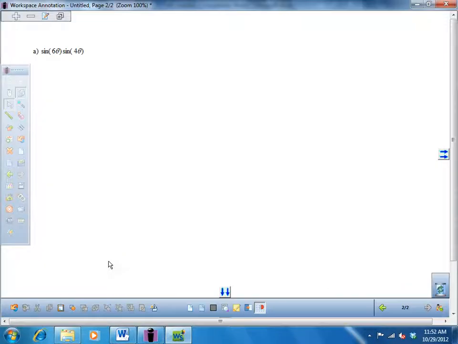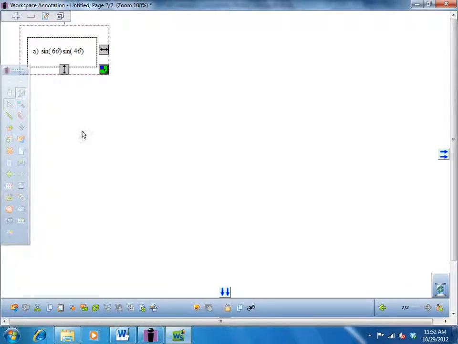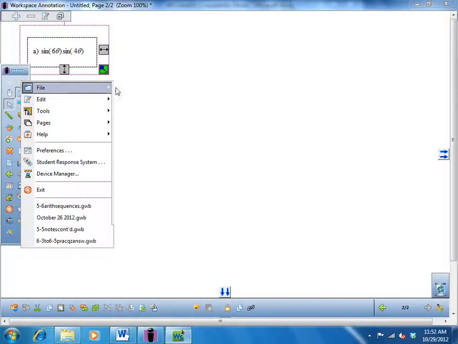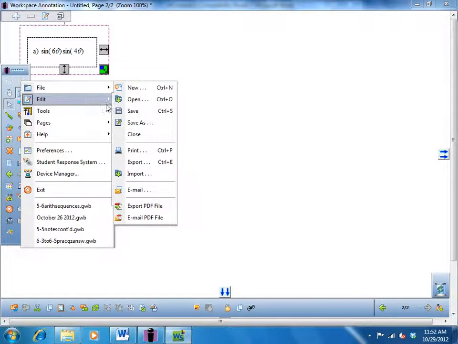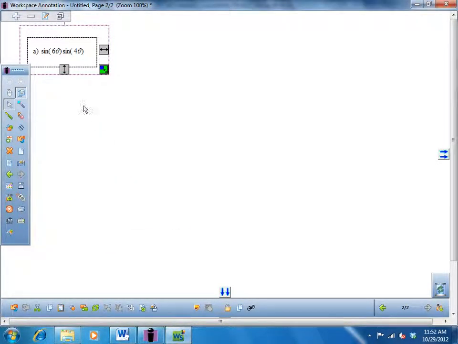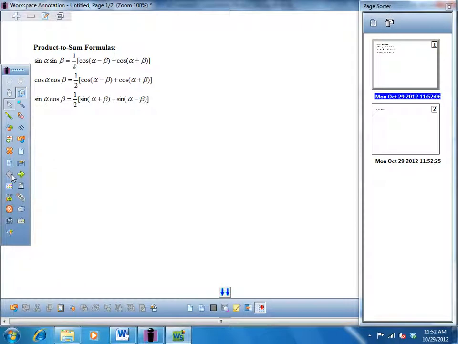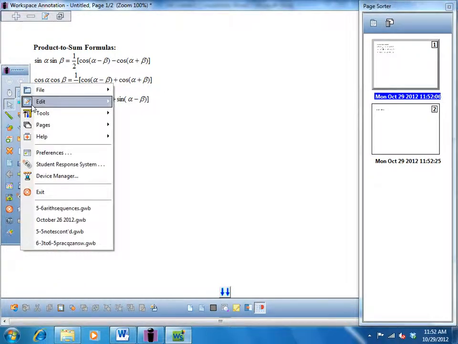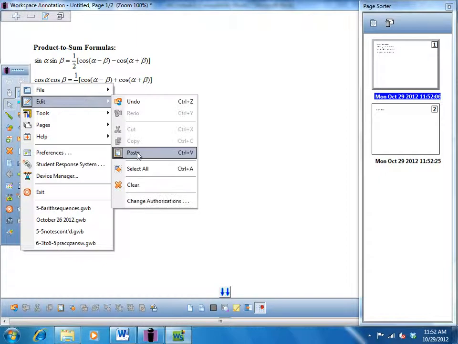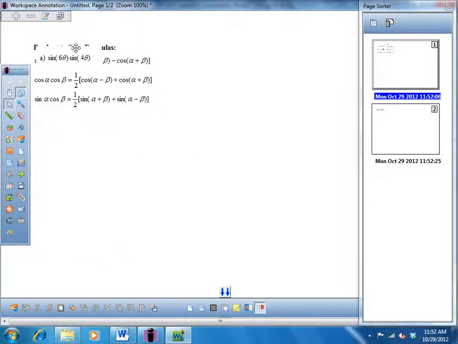Whoops, I didn't want to put it in a new page. I can do edit, copy, and then if I go back, and I could go here, where's that? There it is.